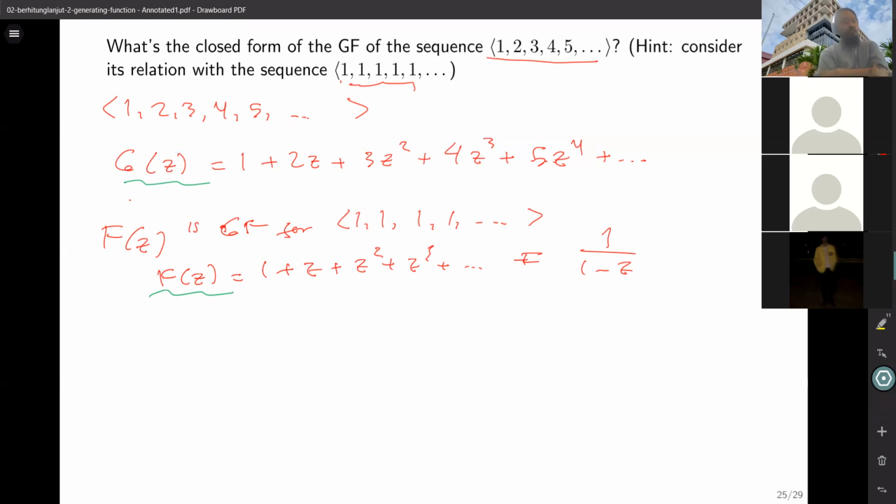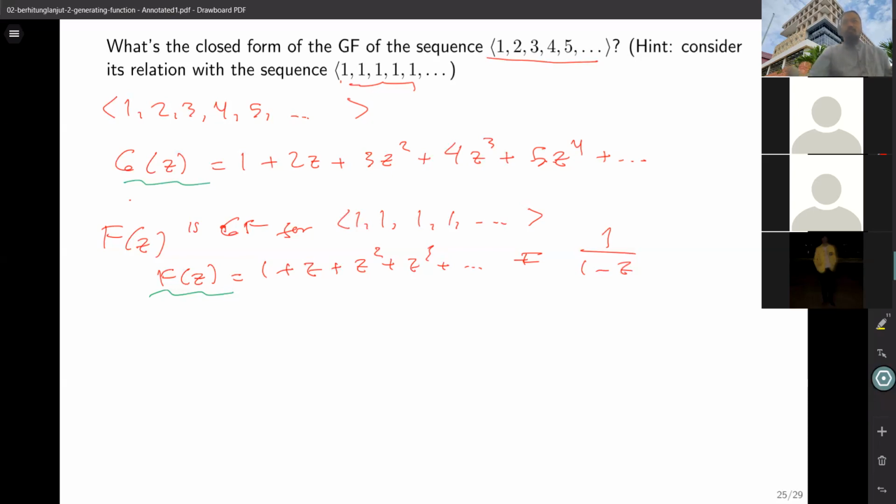Can you guess what kind of polynomial G is? Can you guess from calculus? Is there anything that rings to mind? Do you remember anything from calculus? No?